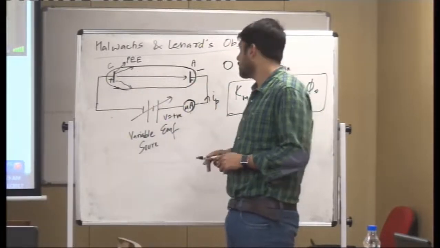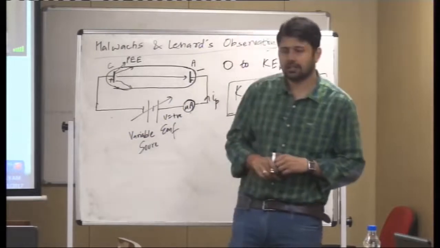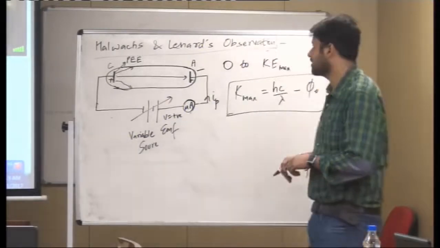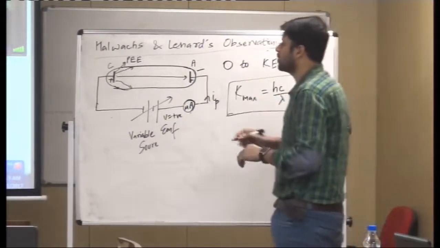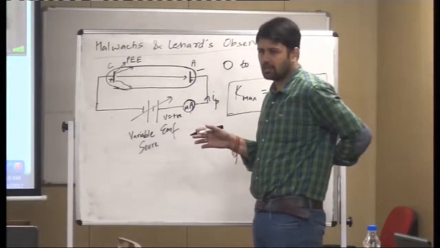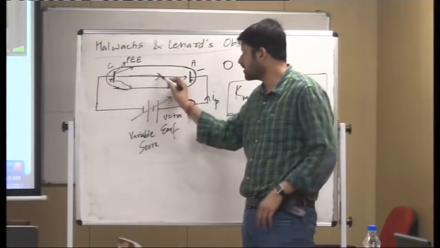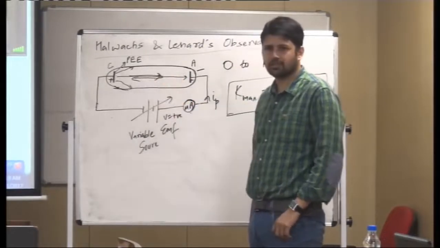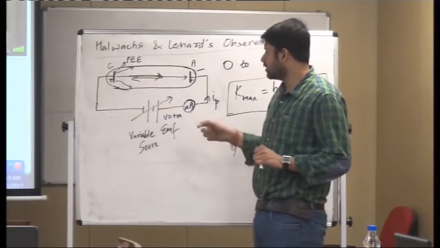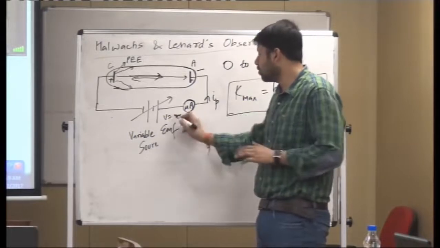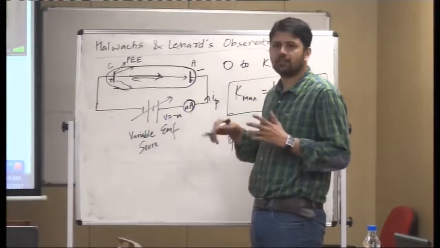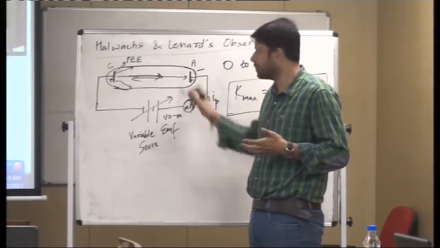Because of this negative charge, the opposite electric force repels the slow electrons coming in this direction. Go back. When you make the voltage more negative, even the medium energy electrons would be repelled back. You also go back.